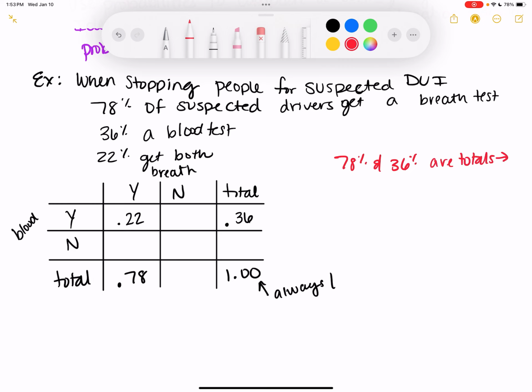If you remember, that's called a marginal distribution. It's like the totals for each category. Back from chapter 3, 22% is a joint distribution.